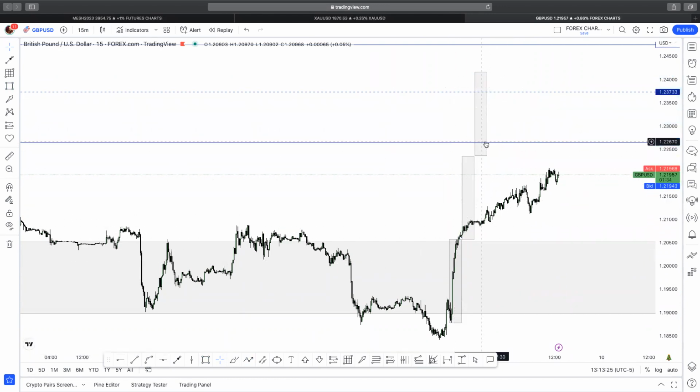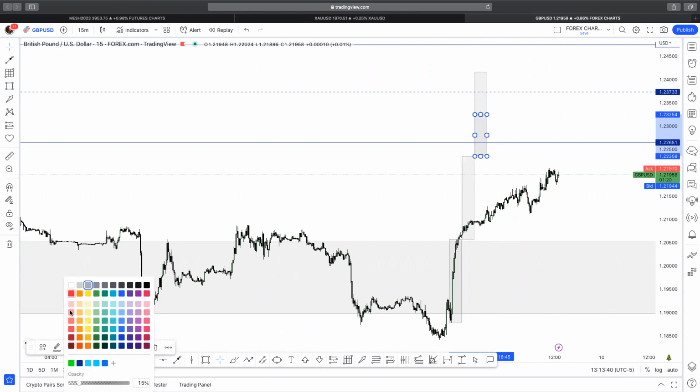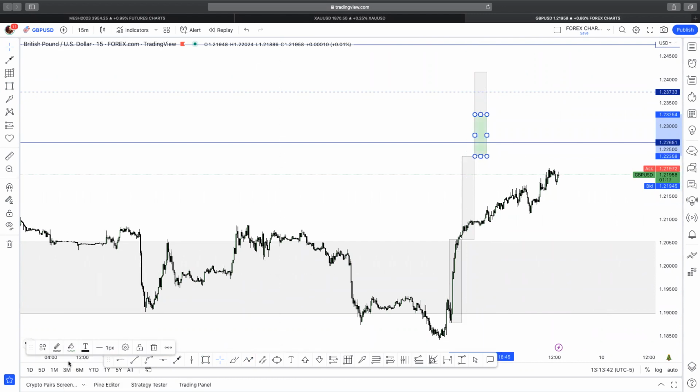Get 3 of these deviations of that reaction from the BPR. I'd be interested to see if we get maybe some sort of reaction here.